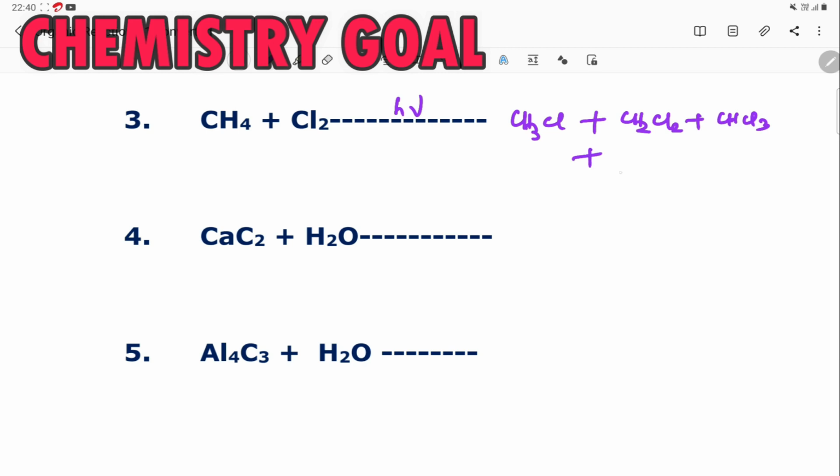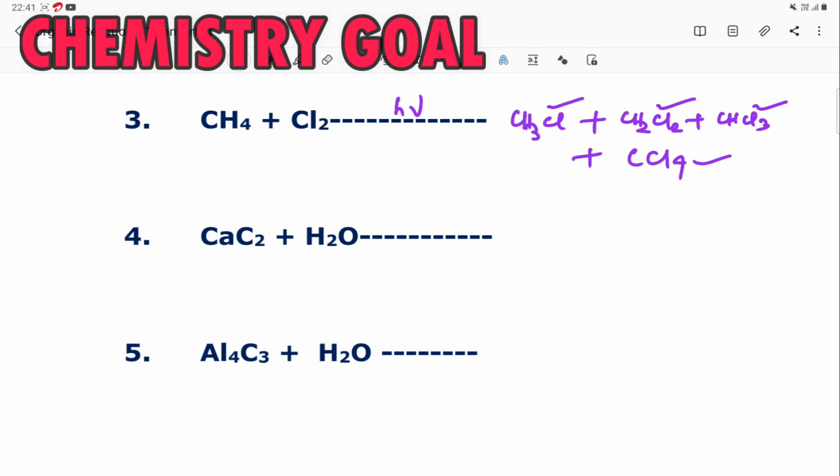If four hydrogens are substituted it is CCl4. So a mixture of products is produced: chloromethane, dichloromethane, trichloromethane and tetrachloromethane. A mixture of substituted haloalkanes is formed. So by this method it is very difficult to get a pure compound.